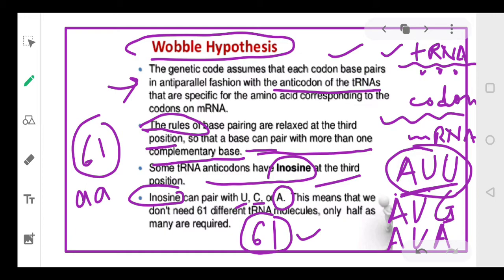Again see, mRNA पर कोडोन मौजूद होता है, tRNA पर एंटी कोडोन होता है. ठीक है, तो अगर हमें 61 अमाइनो एसिड्स बनाने हैं तो इसका मतलब है कि we will require 61 tRNAs. But the Wobble hypothesis says that it is not necessary. Anticodons can be relaxed at third position, right? They can be relaxed in third position.